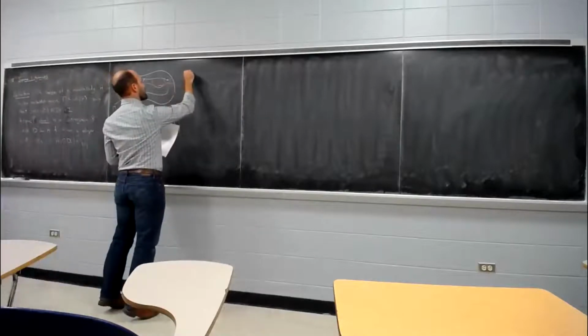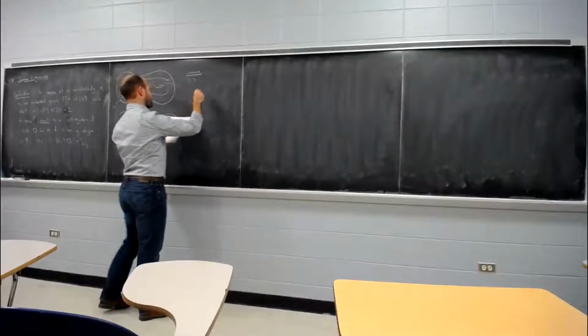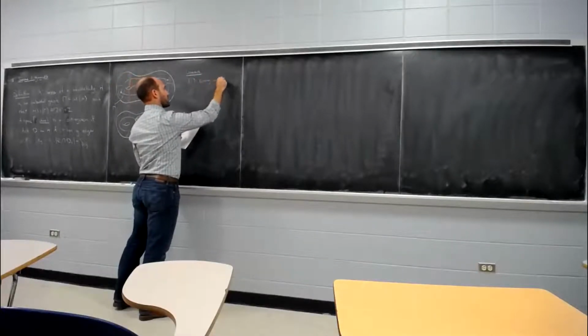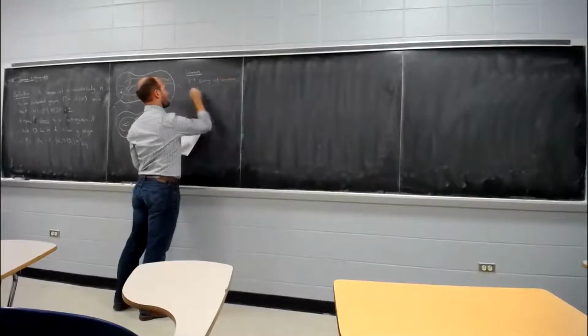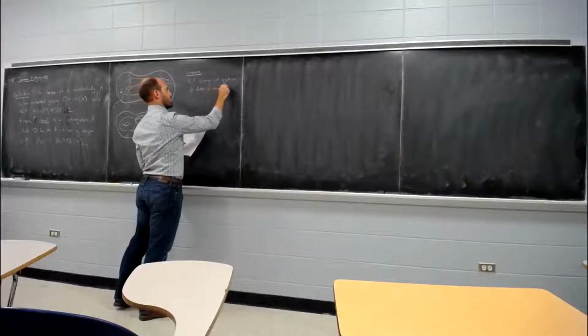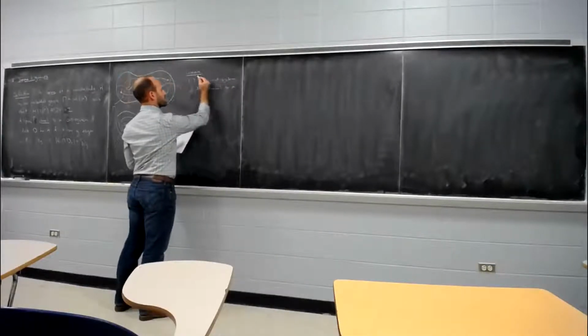So we have a lemma. I guess I'll leave it as an exercise. It's got just three statements to verify. Every cut system of disks is dual to a spine, or has a dual spine.